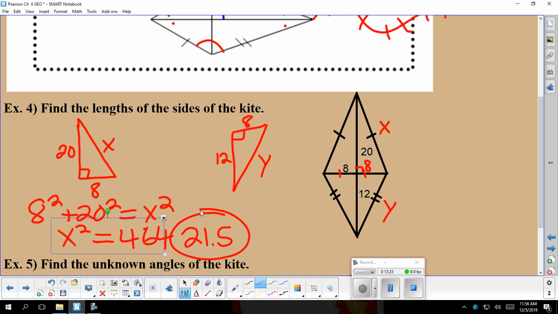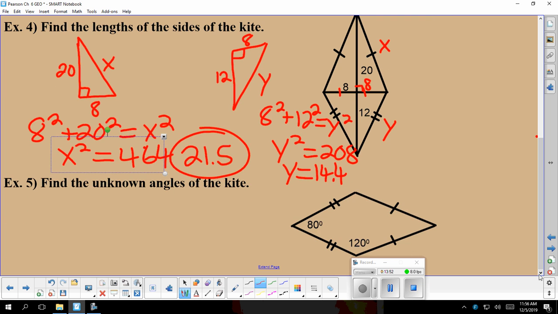And then 8 squared plus 12 squared equals y squared. And I get y squared equals 208. Square root that, and I get y equals 14.4. This one's good to know how to use your calculator. Use the square root button in this unit.